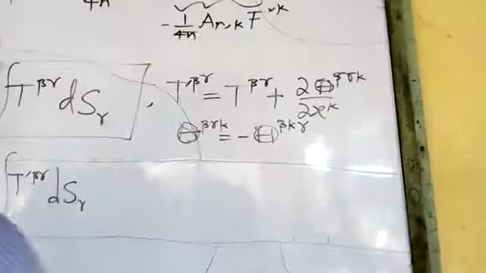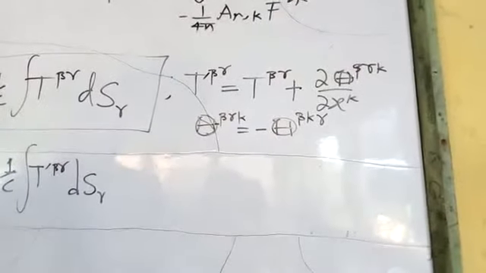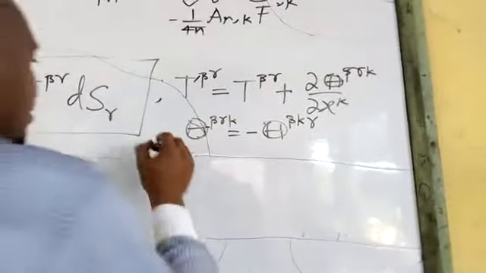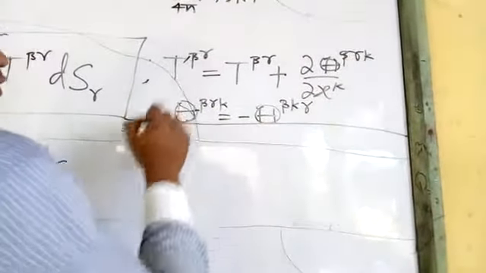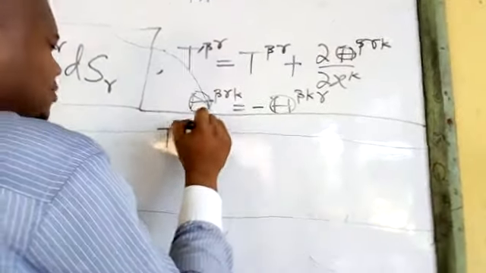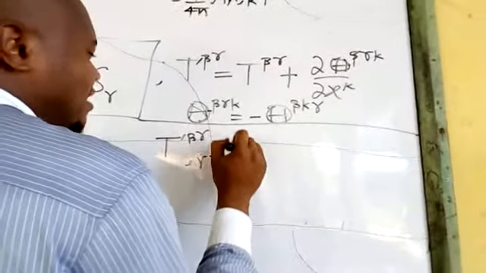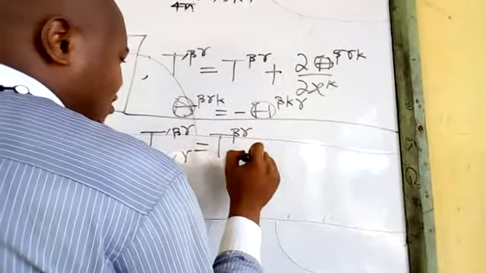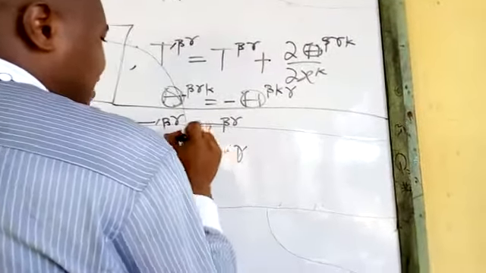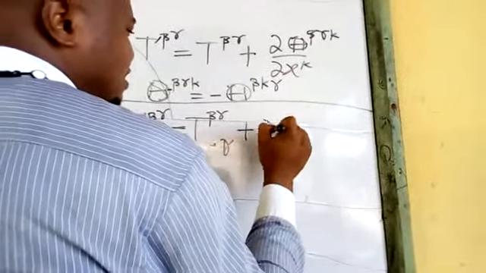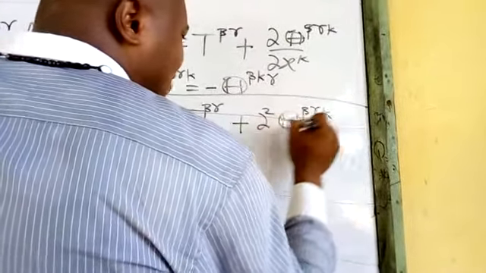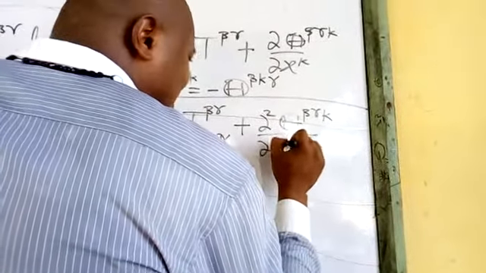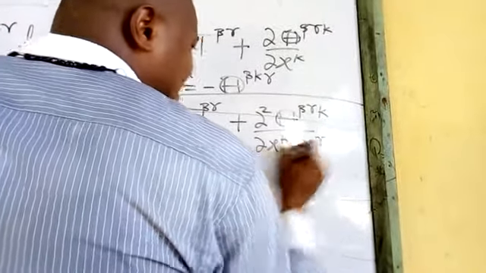So if that is the case, the question here is, like we stated before, if I were to differentiate this whole expression with respect to x gamma, I'll get T beta gamma comma gamma, and then plus theta beta gamma kappa, comma kappa gamma.